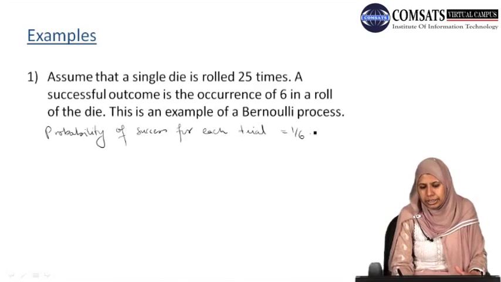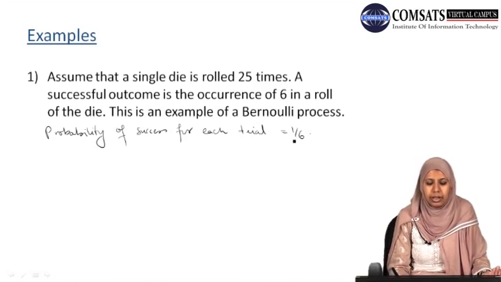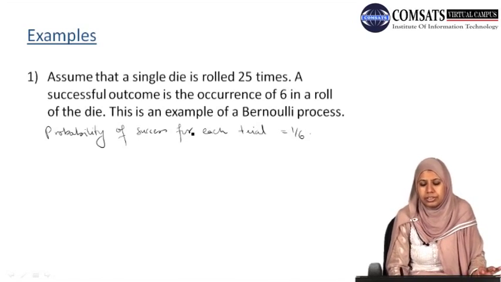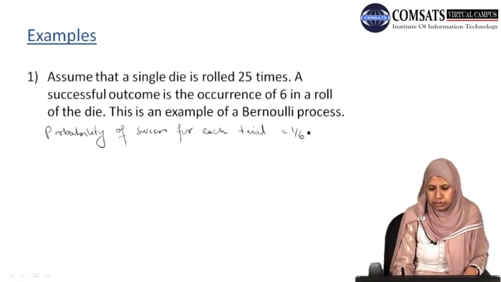That is, each time we roll our die, the probability of obtaining 6 is 1/6, which is denoted by small p.